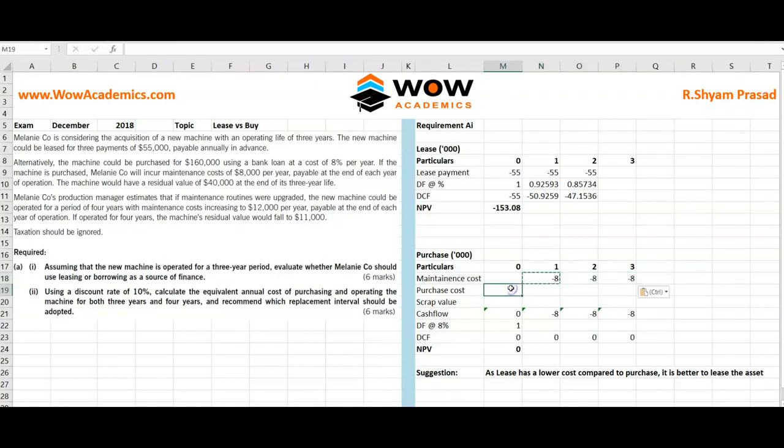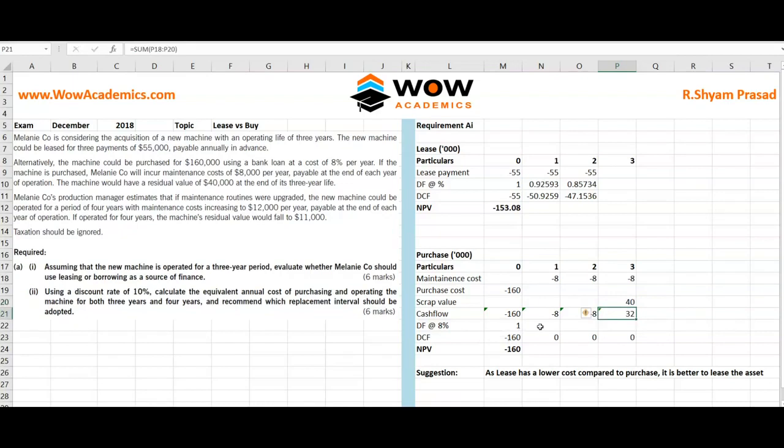We've done. The purchase cost is 1,60,000. So it is here, 160. We've done. We also have the scrap value. Scrap value usually occurs at the end of the year, and it's a positive cash flow, and that comes to the residual value of 40,000. So we got the answer.